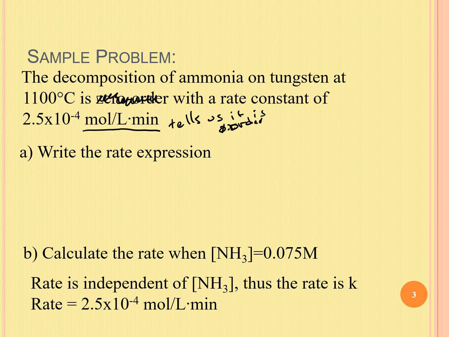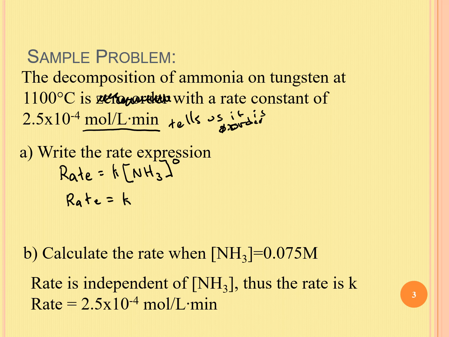This could be gone, and we would know it's zero order from the units of the rate constant. It asks us to write the rate expression. Well, we're decomposing ammonia, so we have rate is equal to some constant times ammonia, the reactant, raised to the 0th power. Well, it's zero order, so really all zero order ones are equal to k. Doesn't matter what follows it.